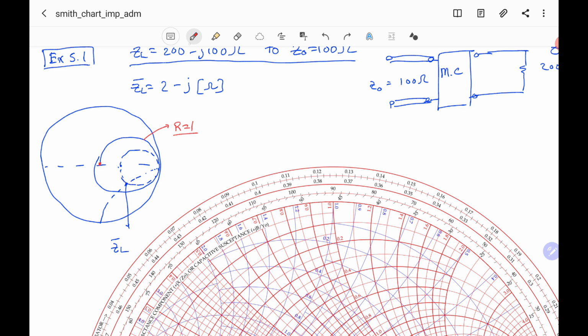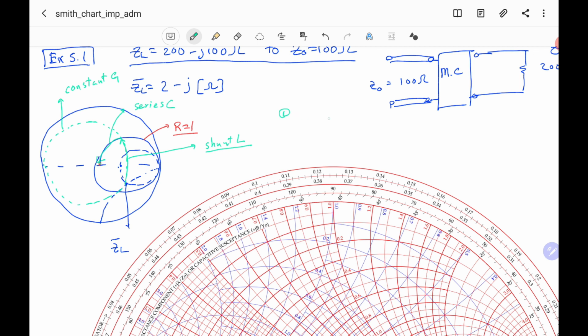So draw a line along the constant G circle which intersects this ZL position. If we move from here to here, this is a shunt L. And if we go down, we can reach the origin.